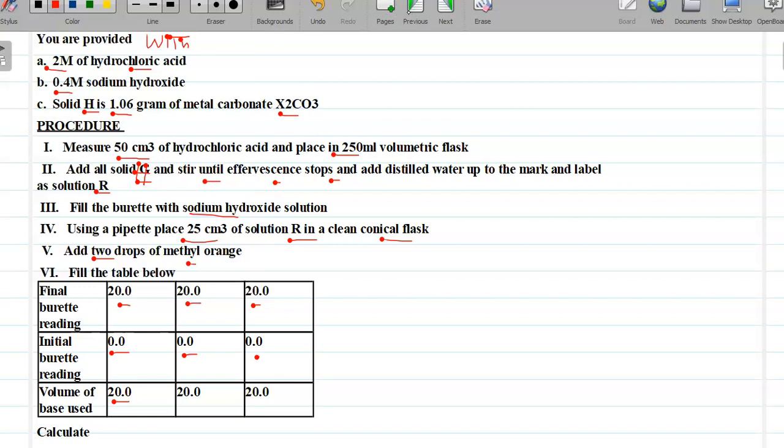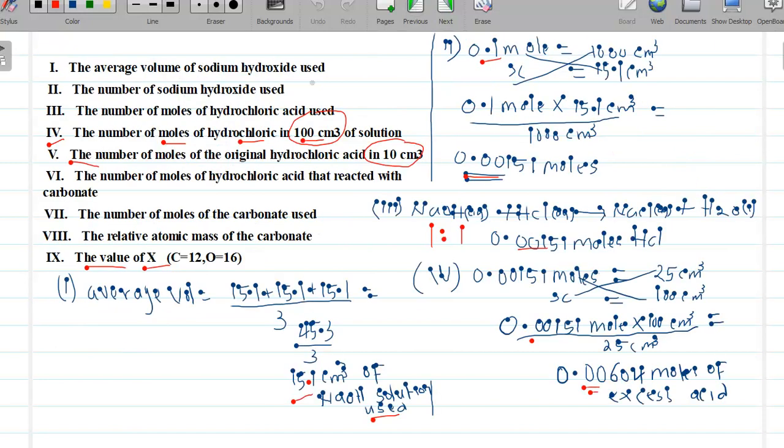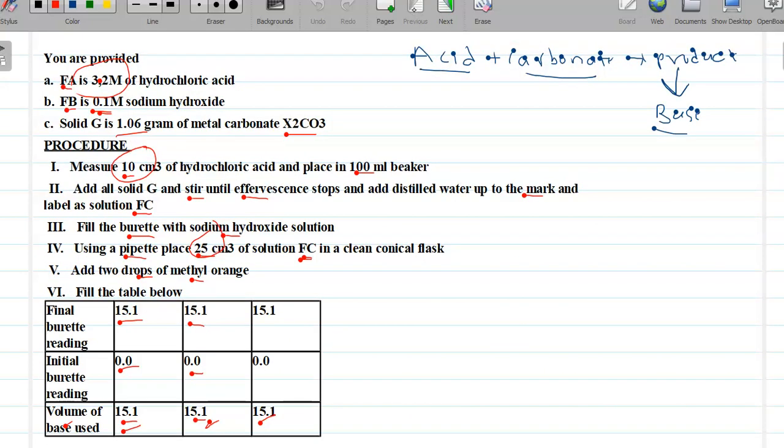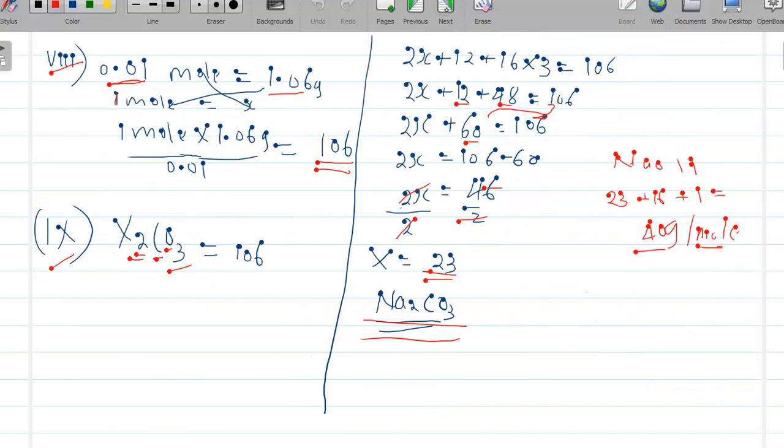Then let us go to the calculation part. The first question is here: calculate the average volume of sodium hydroxide used. I'm on a wrong page, so let me go to my page.